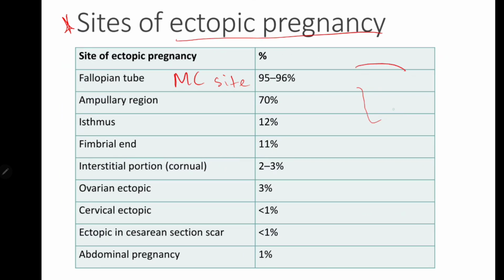So I'm drawing for you, this is the uterus, this is your fallopian tube, and this is your fimbriae. I'm going to label the parts for you.